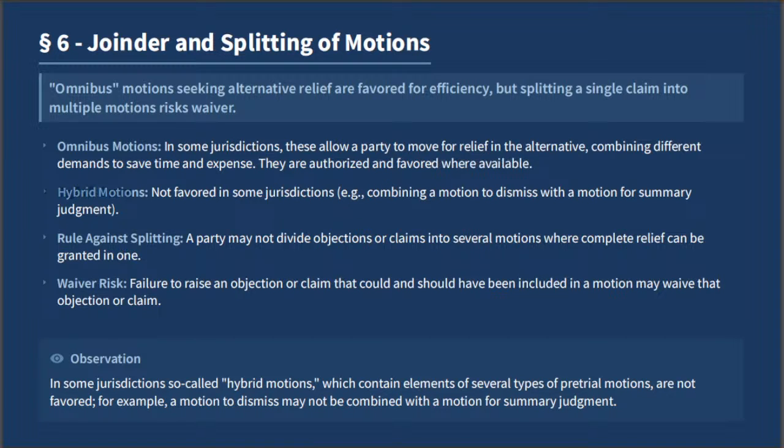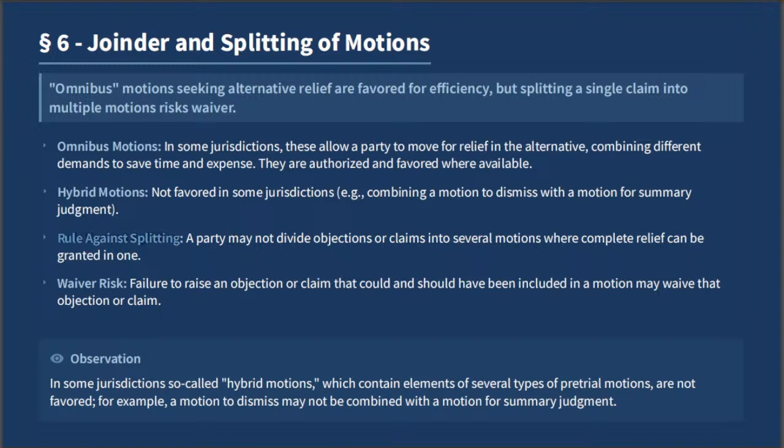Then there's the hybrid motions, not favored in some jurisdictions. The example given here is combining a motion to dismiss with a motion for summary judgment. So that's a hybrid motion. It's not combining different demands to save time and expense.